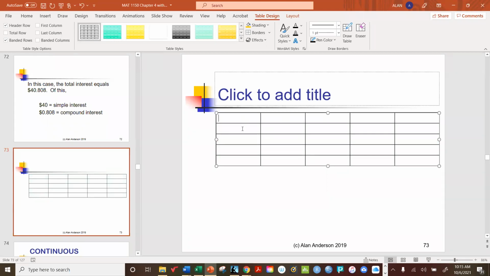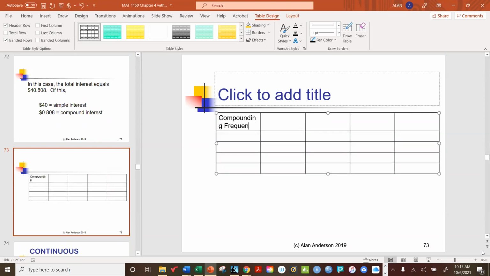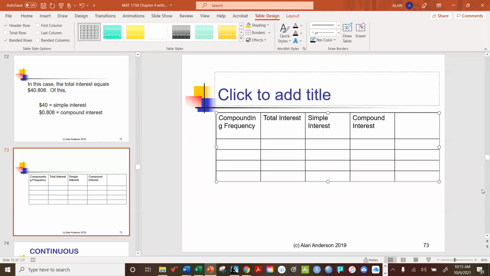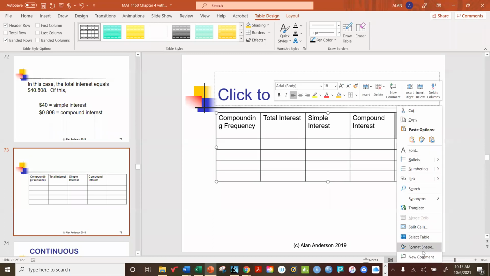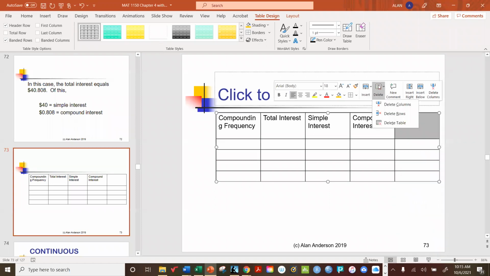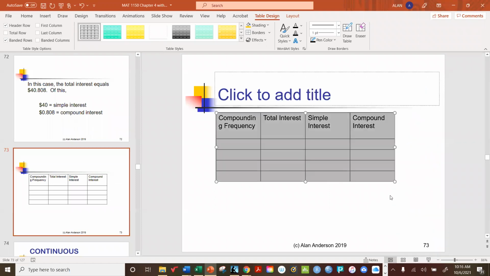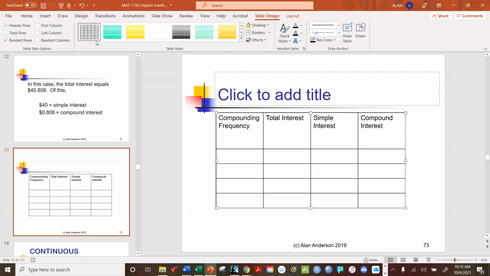Okay, so what I wanted to do is put together a little summary chart. All right, that'll do it. I didn't need that many columns. All right, so let me make this a little bigger so we can read it.